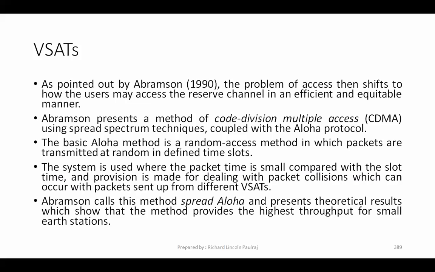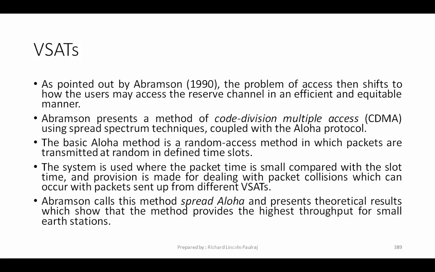The source and destination should be in sync while transmitting this information, which can occur with packets from different VSATs, because all the time information is being broadcasted. So if this is not taken care of, then you can lose data.